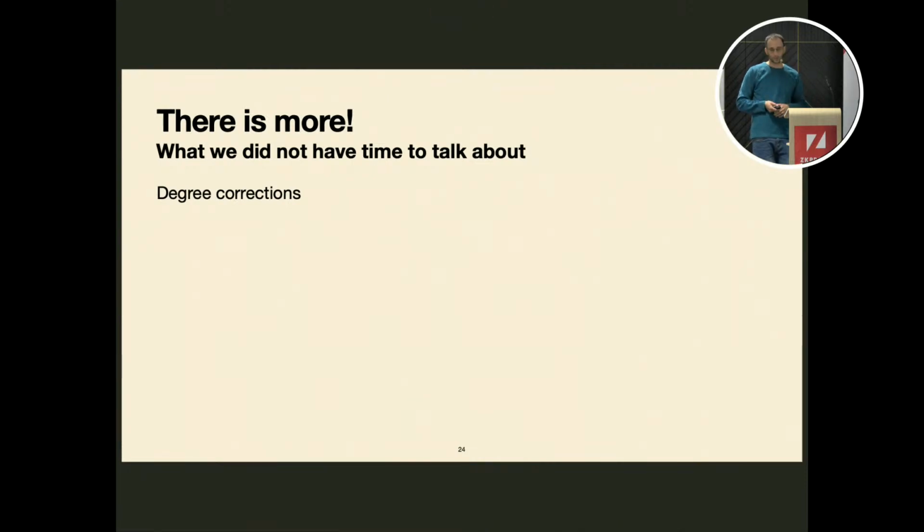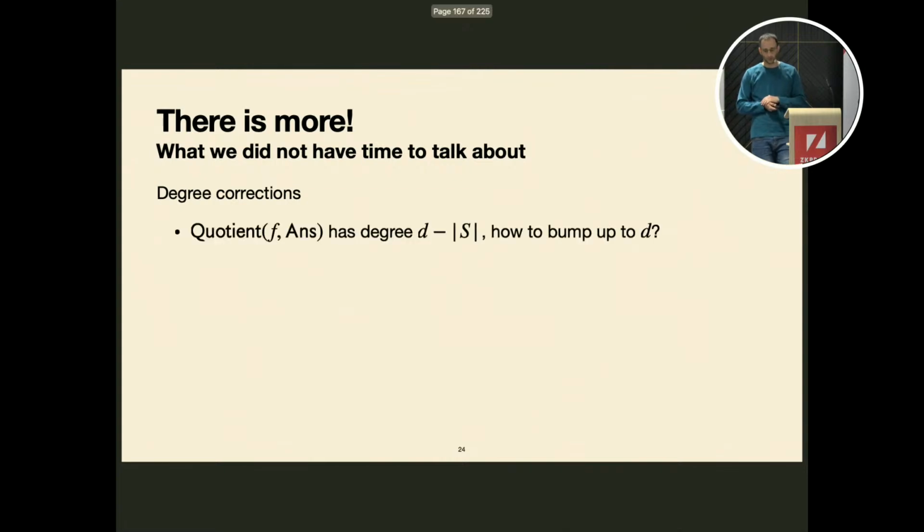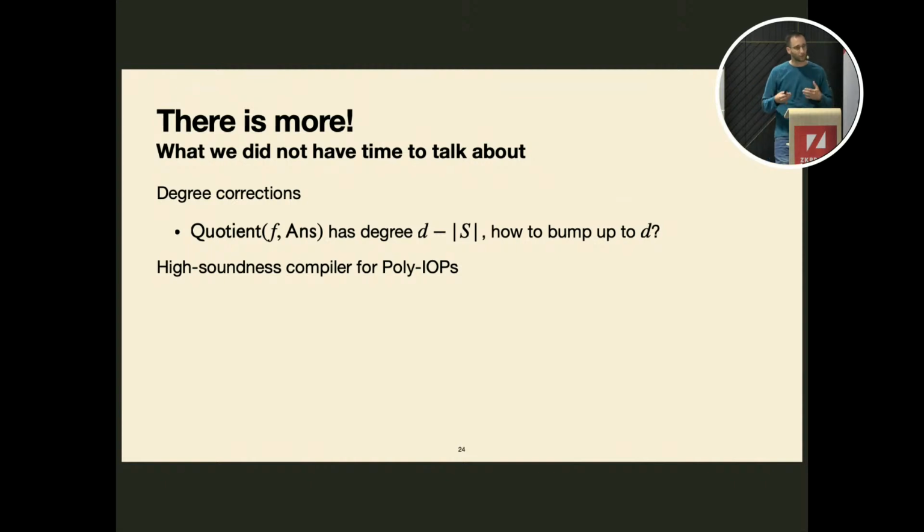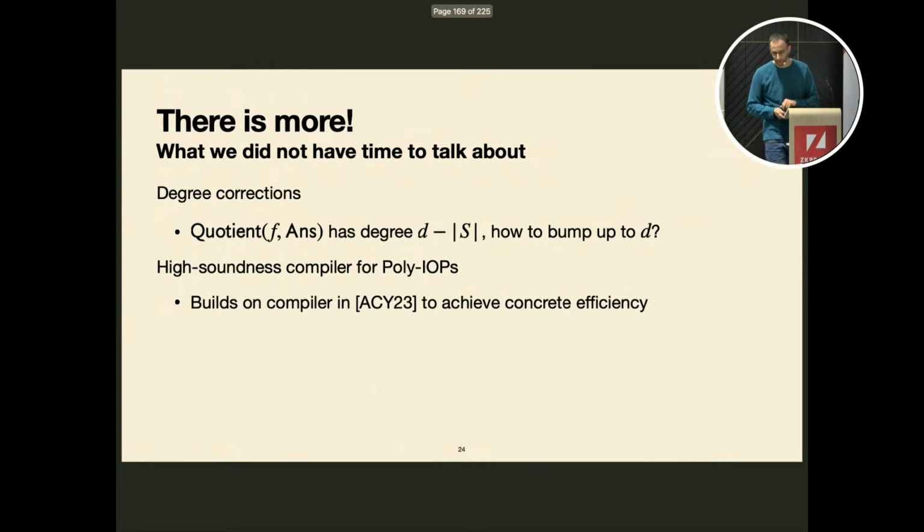There's much more that we didn't talk about, like degree correction: how do you make sure that all the degrees are correct? We also have a high soundness compiler. So if you give me a protocol in the poly-IOP model, I can use this to very efficiently compile it, maintaining high soundness, to a protocol in the standard IOP model.